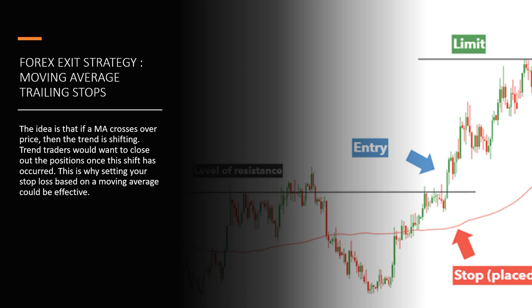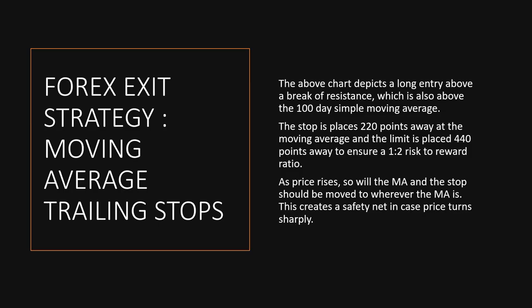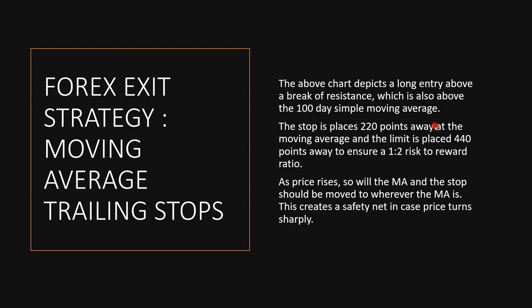I don't use it in my stop losses. I also don't use it in entry and exit points. But there are traders who do use moving average trailing stop losses. And your stop loss will move up along with your moving average, following it as it moves up or down, depending on which direction you're going.